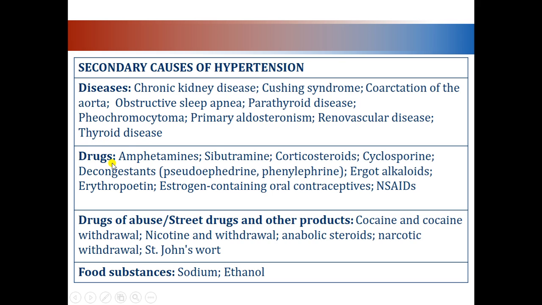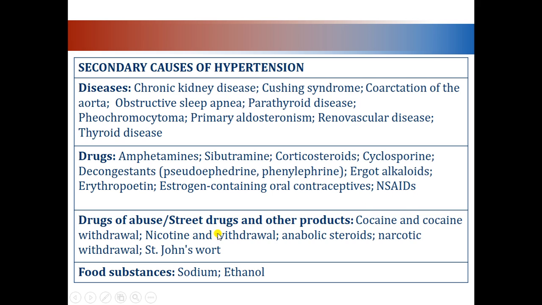There are certain drugs which cause hypertension as a side effect. Drugs like sympathomimetics, that is amphetamine, sibutramine, certain corticosteroids, cyclosporine, nasal decongestants like pseudoephedrine and phenylephrine, ergot alkaloids, erythropoietin, estrogen containing oral contraceptive pills and NSAIDs can cause hypertension as a side effect.